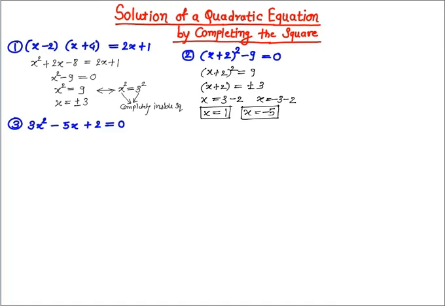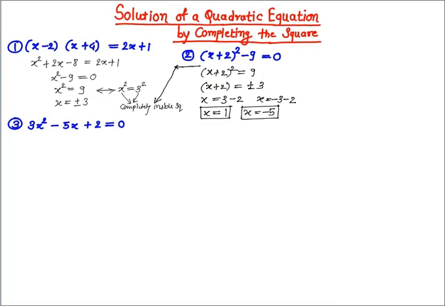In this example, if you observe the first step, both left hand side and right hand side are completely inside the square. And we found the roots just by taking the square root on both the sides, right? What do we mean by completing the square method?